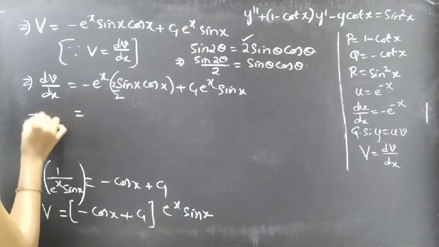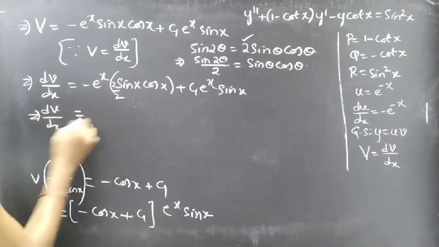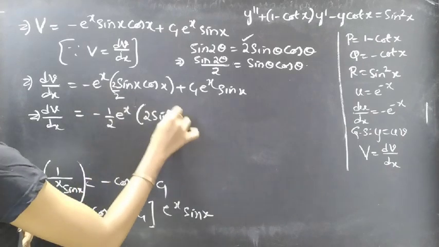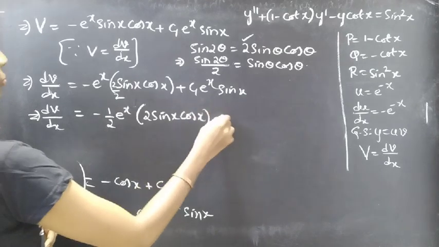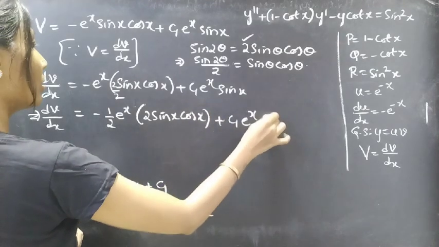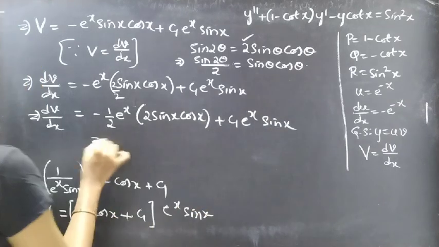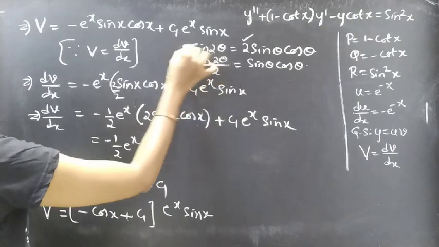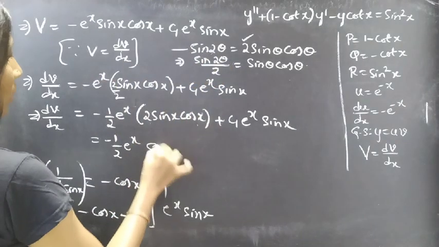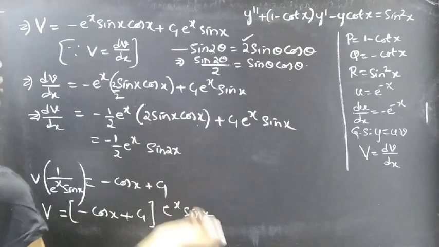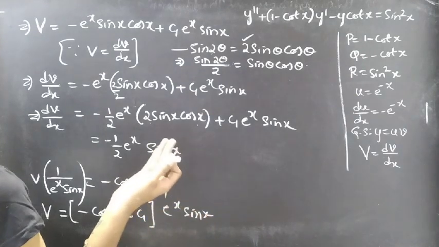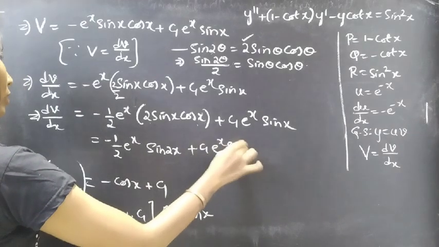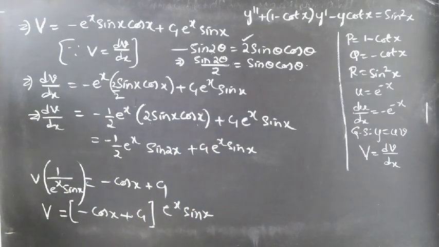Then we'll get minus 1 by 2 e power x into 2 sin x cos x plus c1 e power x sin x, which equals minus 1 by 2 e power x into sin 2x, just replacing 2 sin x cos x with sin 2x. You can use this identity, either the first or second form. It depends upon you, your choice.